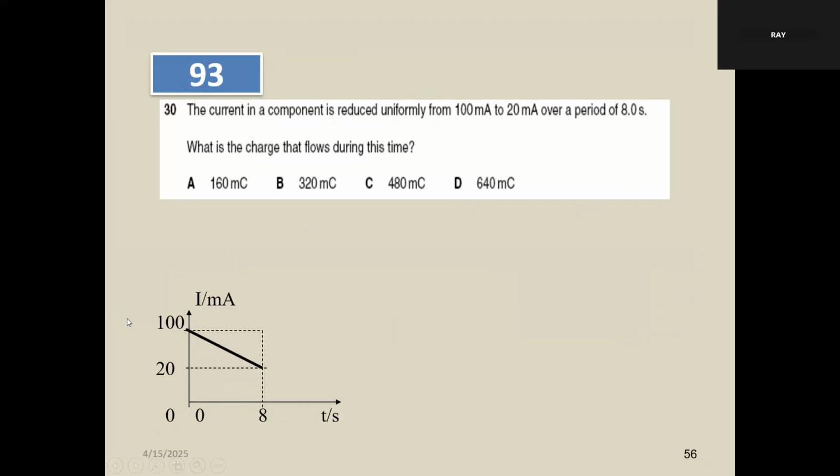Draw a picture to show you. Have a picture in mind of how it is saying what's the charge that flows during the time. Calculate the area in the graph.